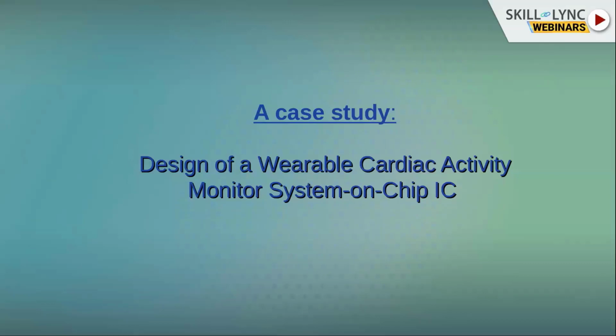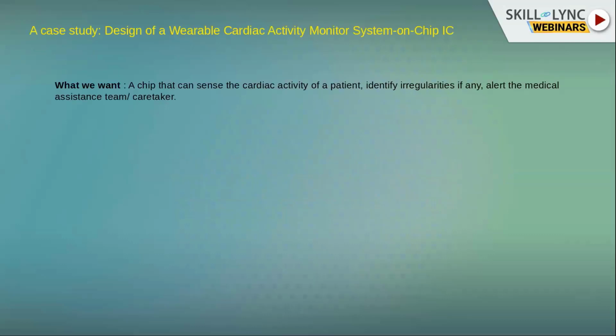But for this particular webinar, we'll be learning about a single technique that is widely used in ICs for having better power awareness. So the objective, let's say, is to design a chip that can sense the cardiac activity of a patient.